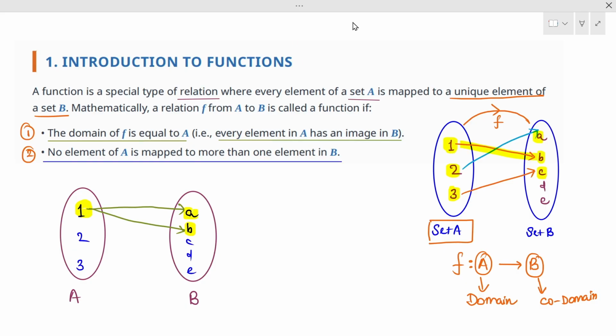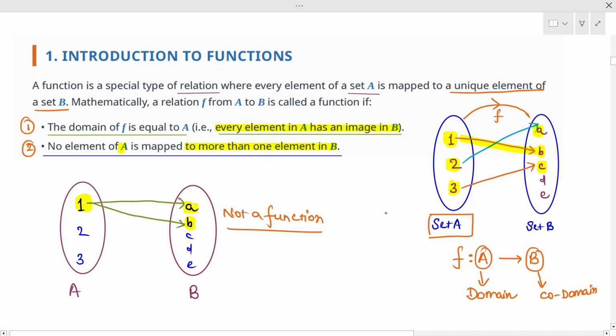Whenever we have such a case, we say this is not a function, right? So for a function, what should be the case? That each element of A should have a unique image in B, but no element of A is mapped to more than one element in B, right?